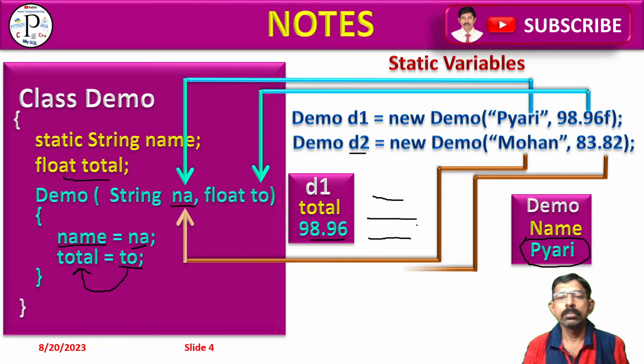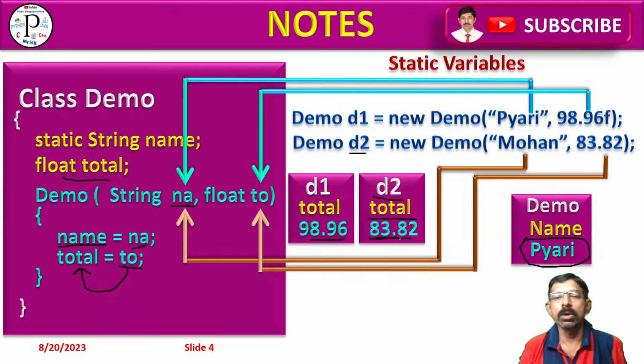Now the second object will contain 83.82 because this is a separate copy. But when it is assigned to name, name is having only one copy. So that's why it will overwrite it with the new one. Hope I'm clear to everyone.